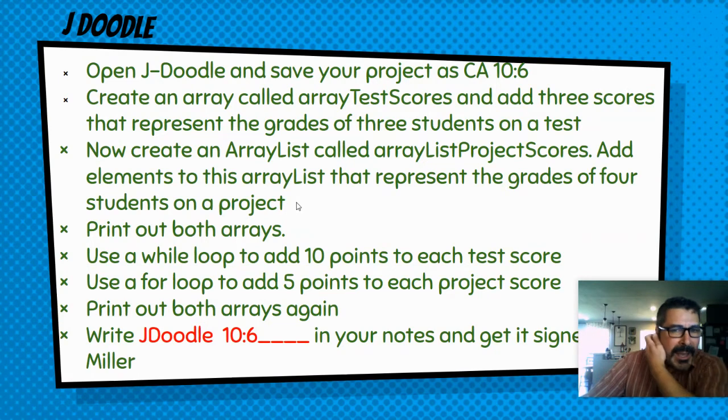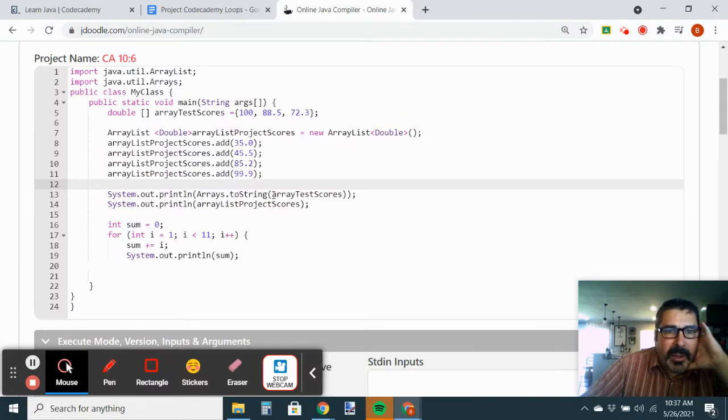Okay, so I just added something to the project here. I wanted you to print out both arrays, just to see what it looks like. So let's jump back over here and see if you can do that. In order to do it, you have to not only import the array list, but Arrays.